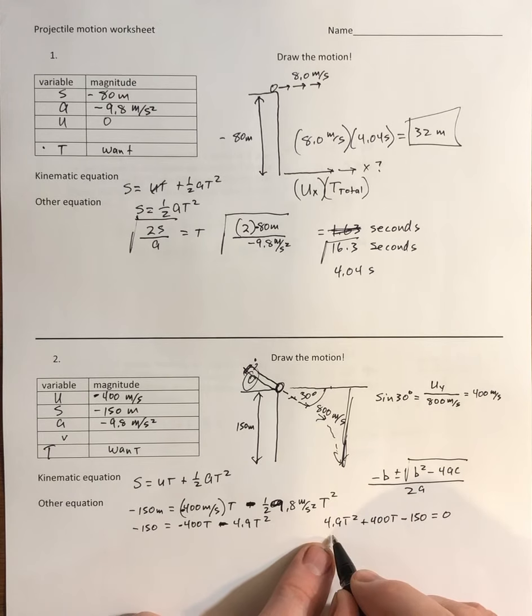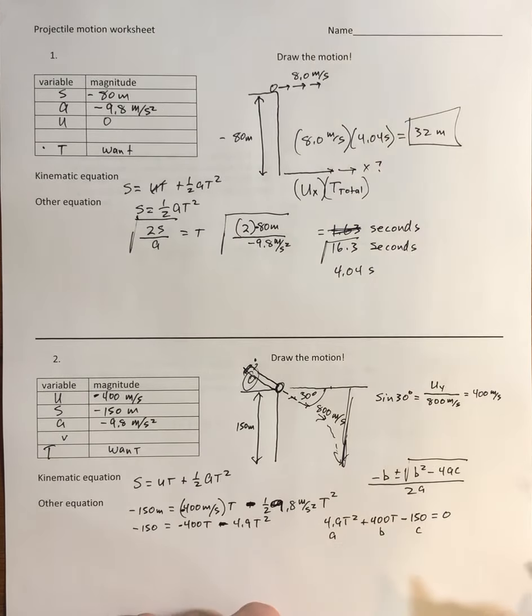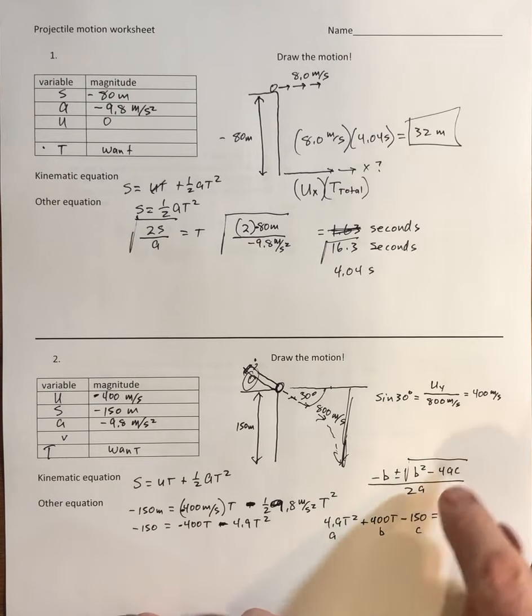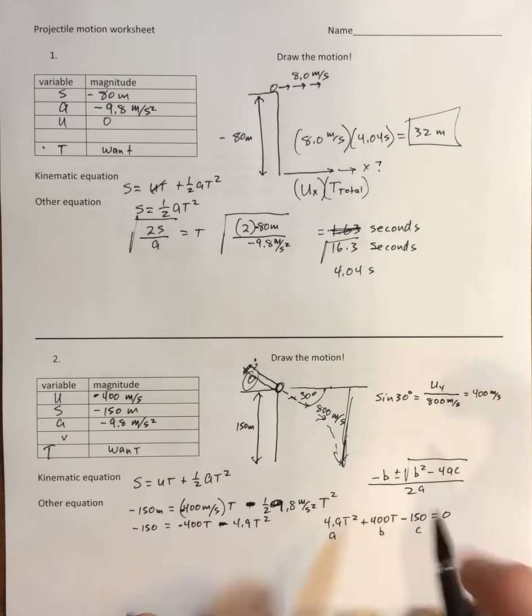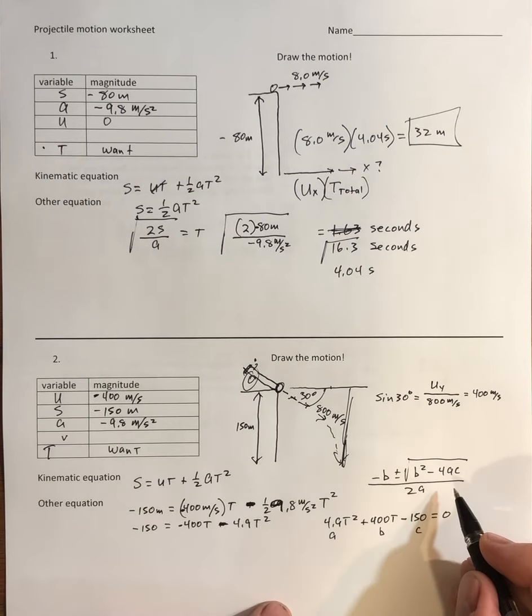This would be our a, this would be our b, this would be our c. When you punch those numbers in, we get two possible answers. More than likely you'll get a positive and a negative. Since we want time, we can't have negative time. We want whatever the positive number is.